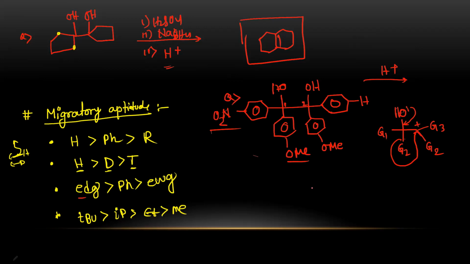Our final product will have C double bond O, with a phenyl ring with NO2, and here the three phenyl rings: one will have hydrogen, one will have OMe, and another will also have OMe, right? Everything clear? Okay, so this type of problem you can now handle.